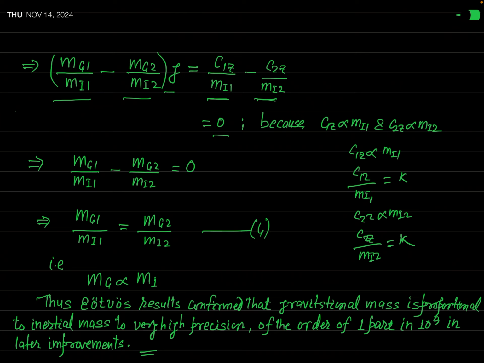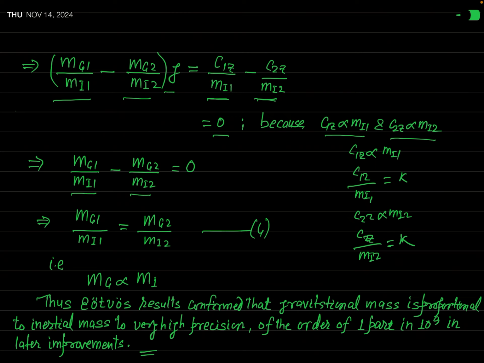So I have written here that this will be 0 because c1z is proportional to mi1 and c2z is proportional to mi2. So finally we get that mg1 over mi1, where mg1 is the gravitational mass of the first object and mi1 is the inertial mass of the first object, minus mg2 over mi2 is equal to 0.